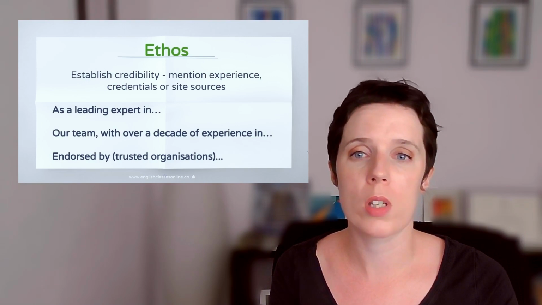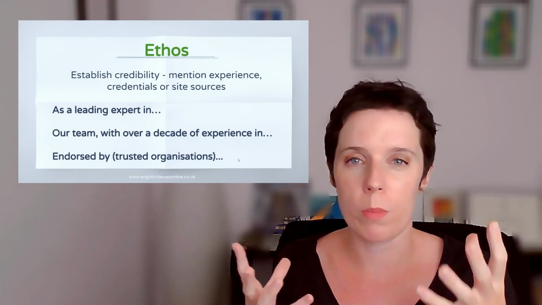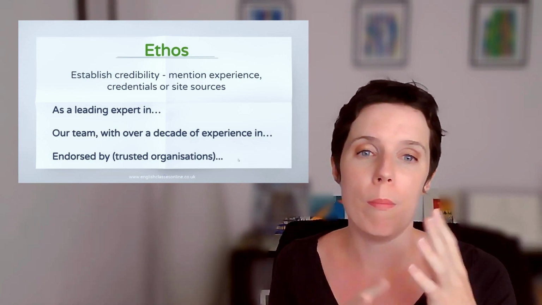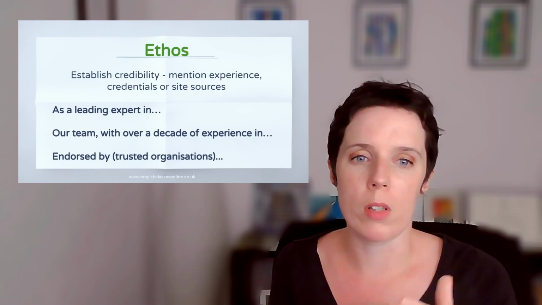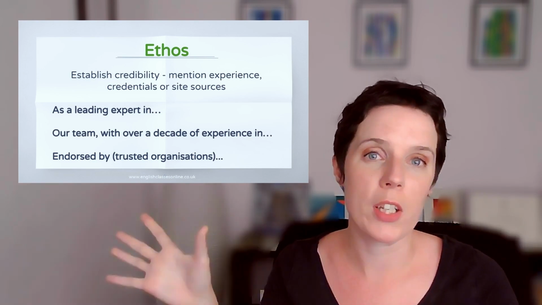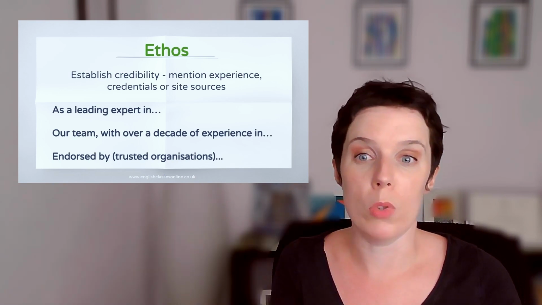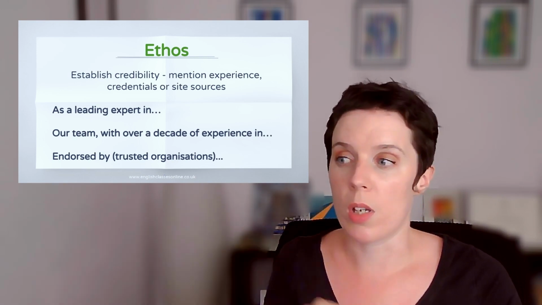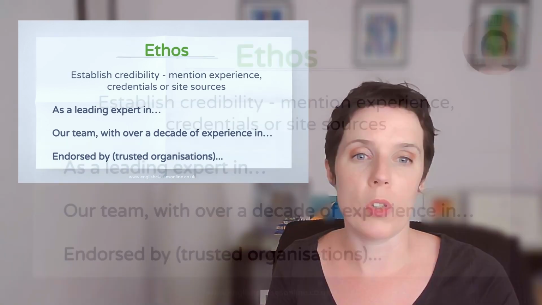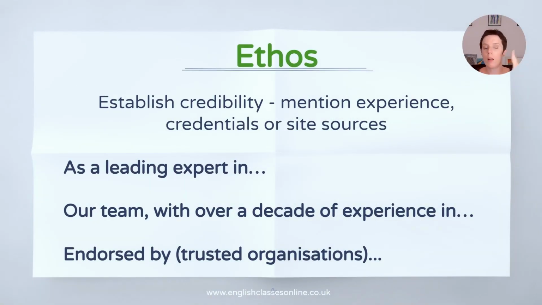Moving on to ethos. So we said that ethos is establishing some kind of credibility, mentioning either your experience or some experts' credentials, just to make you seem more credible. So you could say, for example, as a leading expert in XYZ, this is my proposal.